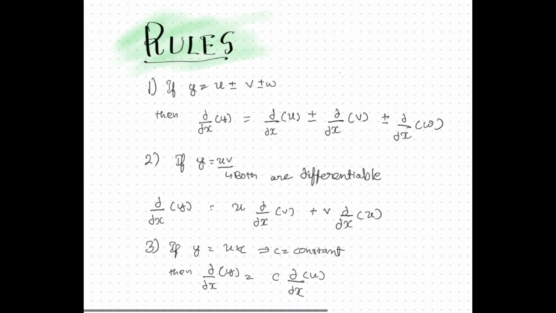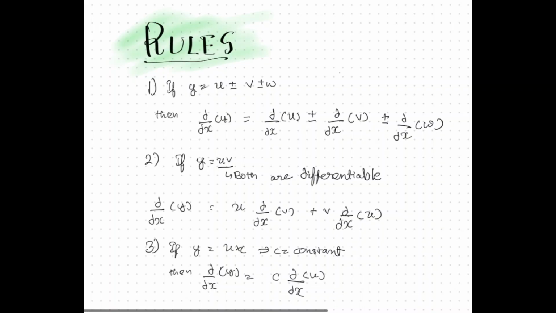So that's how you do it when it's a multiplication, like cos x sin x. First you take cos x common, you differentiate sin x. So if you take cos x as constant, you get cos x into differentiation of sin x, which is cos x, so cos square x. And then you take sin x common.